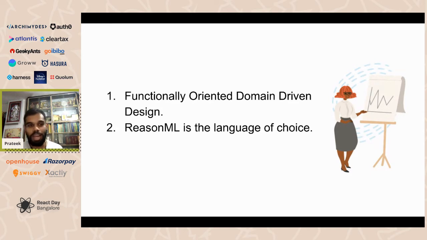ReasonML is a wonderful language if you want to do things functionally on the front end, along with the power of static typing. From this talk, I want you to focus on what I am doing and why I'm doing it. The language constructs and the philosophy of the framework are not important today.